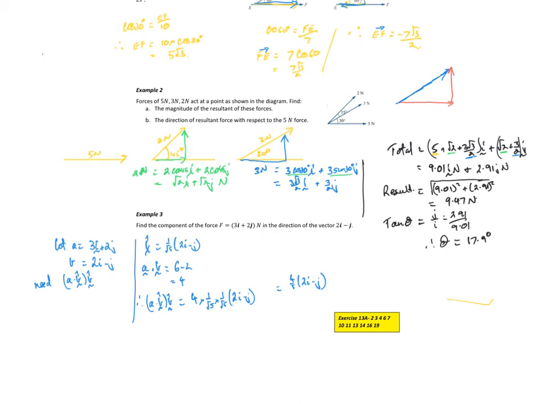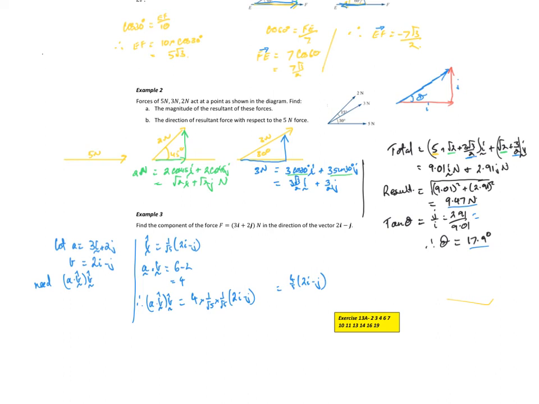The magnitude of that, the square root of the i component squared plus the j component squared, gives me 9.47 Newtons. To work out the angle, tan theta is opposite over adjacent, which is what we have there. So it's acting at an angle of 17.9 degrees to the horizontal.